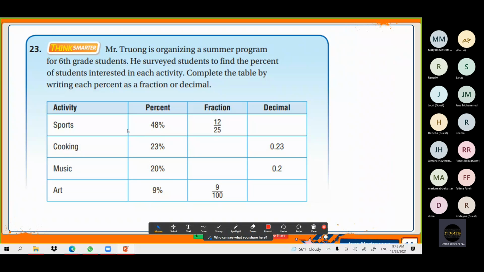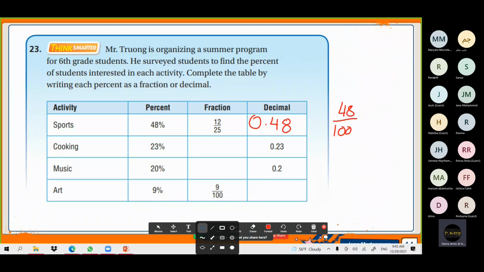Now, sports. You're going to write each activity as a fraction and as a decimal. I will solve the first one. 48% means 48 over 100. First write it as a decimal: 0, 2 digits, 8 is here, 4 is here. So as a decimal, I write it as 0.48. The second step, 48% as a fraction.